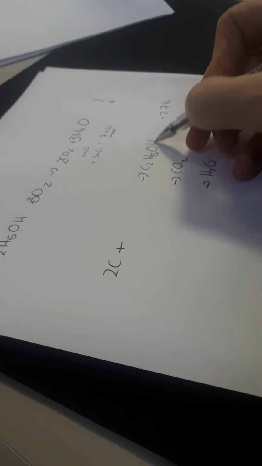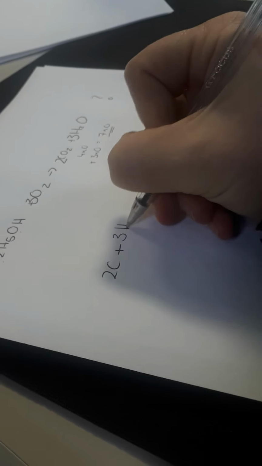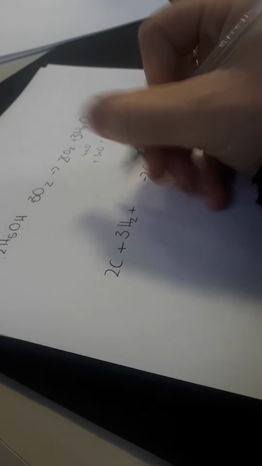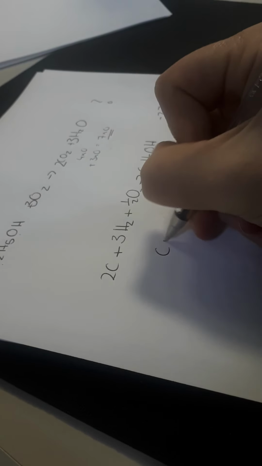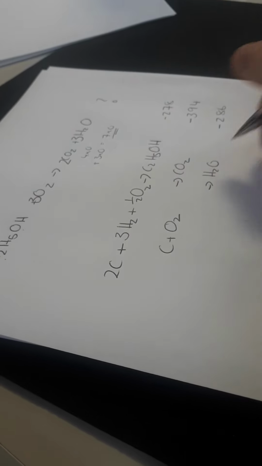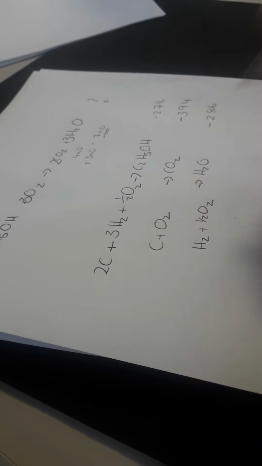So again, we're going to set up these equations. 2 carbons plus H5 and another H is 6, so 3H2. And I have 1 oxygen, so it's a half O2. Then carbon dioxide: C plus O2. Water: H2 plus a half O2.